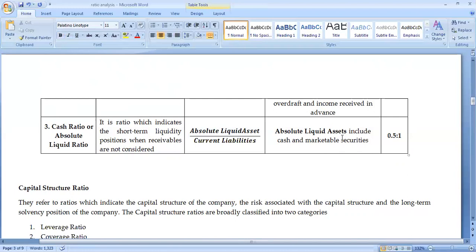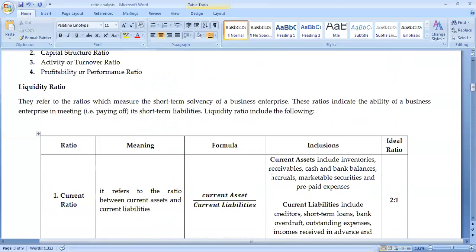So absolute liquid assets fall on 0.5 and current liability falls on 1, which is the ideal ratio. Clear with the liquidity ratio? Liquidity ratio is especially used to analyze and measure the short-term solvency of the business enterprise here.